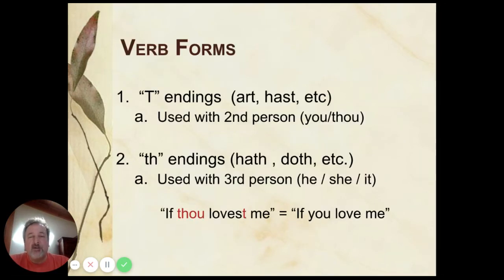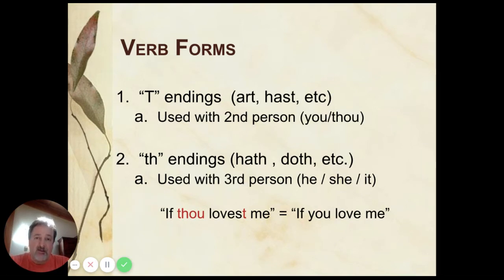Next, verbs were a little different back then. And again, if you take Spanish or French, any of the Latin-based languages, this is something you've seen. It's in how you conjugate a verb. And all conjugation means is how the verb changes depending on who's doing the action. Like, I am, you are, he, she, or it is.